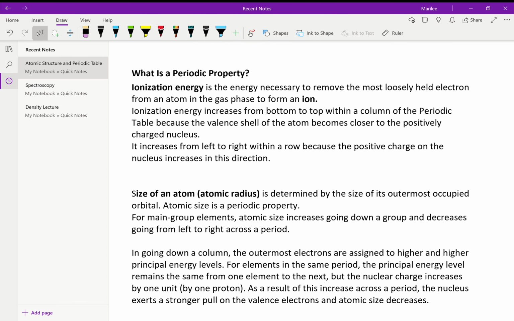So how I memorized ionization energy was, so we said bottom to top, and left to right.